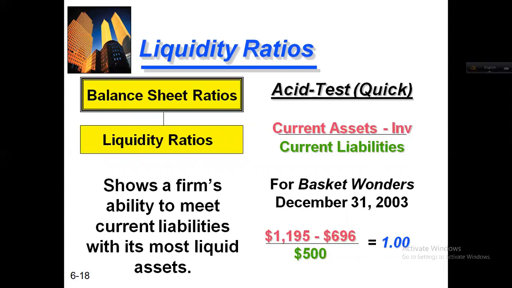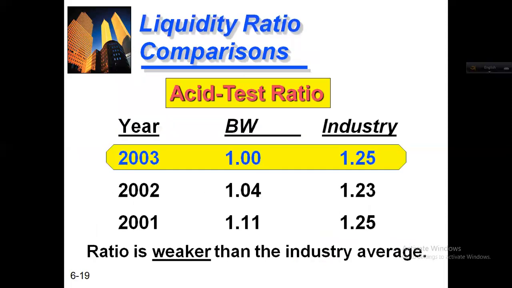The acid test ratio measures how much quick assets are available now to pay current obligations. So we deduct, and quick assets divided by quick liabilities, the result is 1. It means we have 1 times quick assets now to pay our current liabilities.